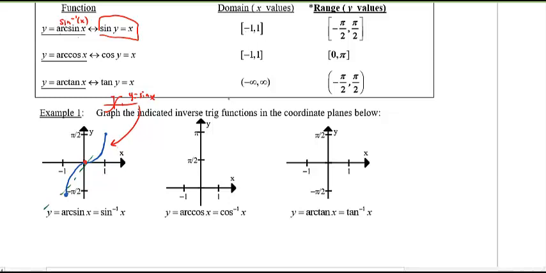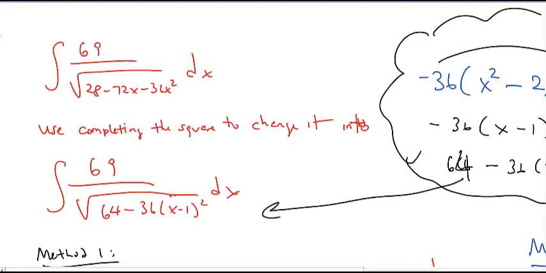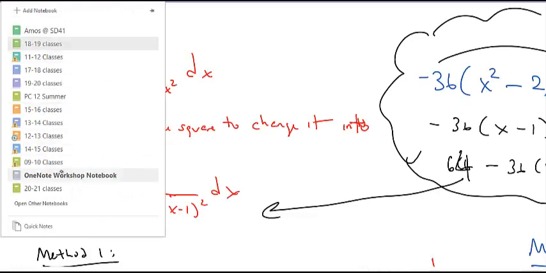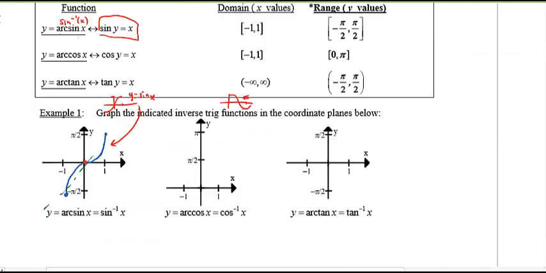So once again, cosine starts at 1 to -1, right? And notice in this case, the domain goes from 0 to pi. Okay.